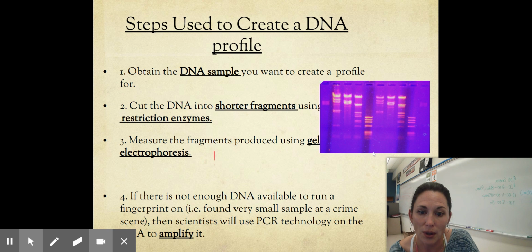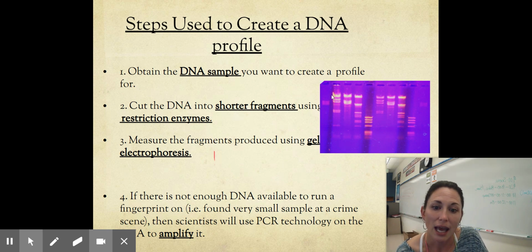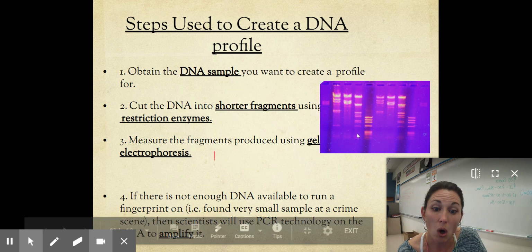And here's a great example of some different banding patterns that we may have seen. And you'll notice that this DNA sequence looks almost identical to this one. And so it's possible that these two samples are from the same individual.